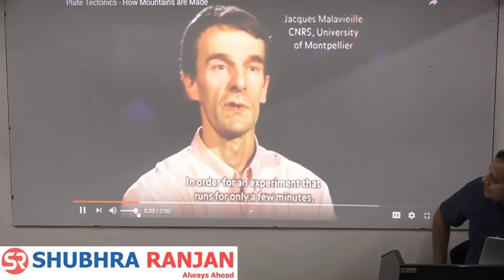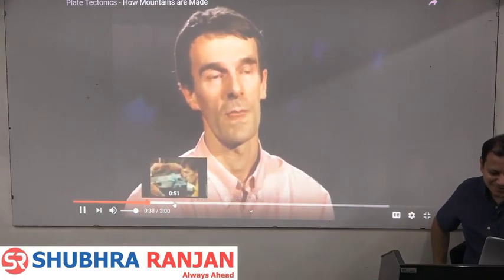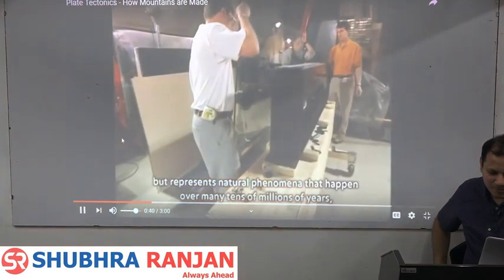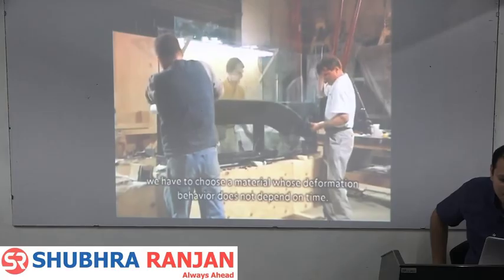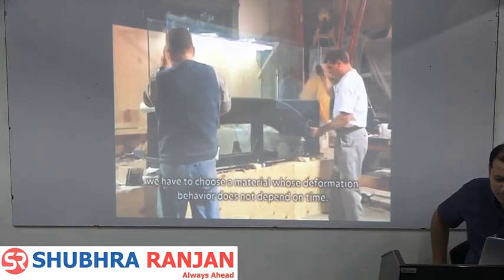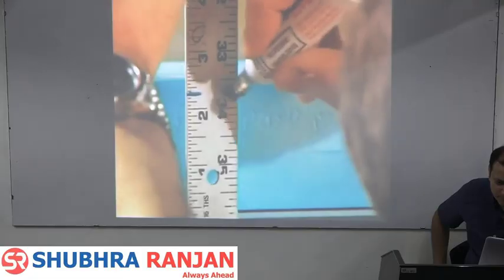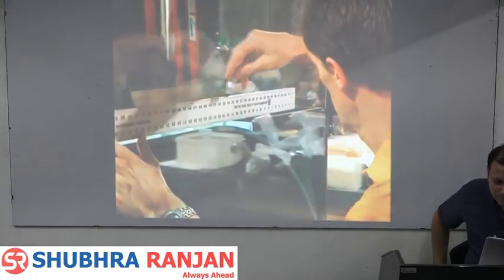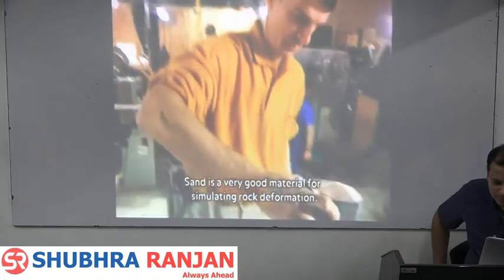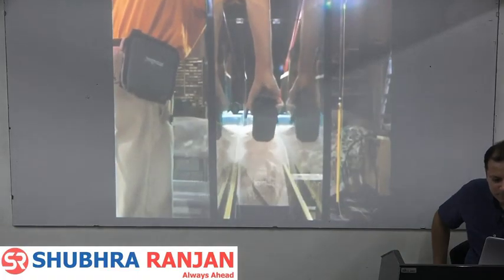In order to do an experiment that runs for only a few minutes, but represents natural phenomena that happen over many tens of millions of years, this is how experiments are done. We have to choose a material whose deformation behavior does not depend on time. Sand is a very good material for simulating rock deformation.